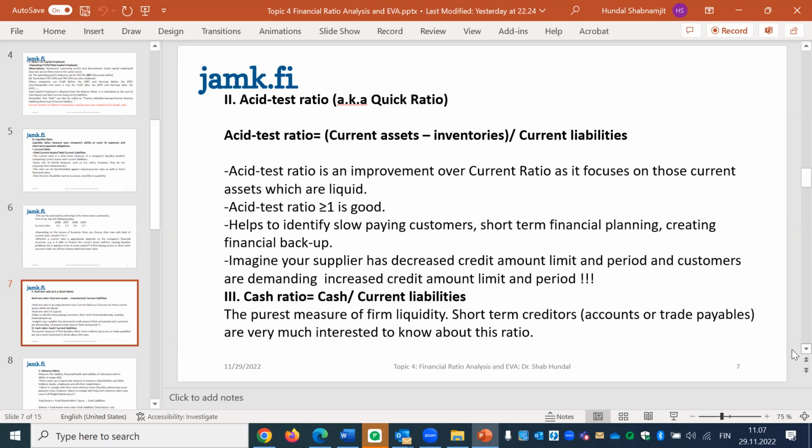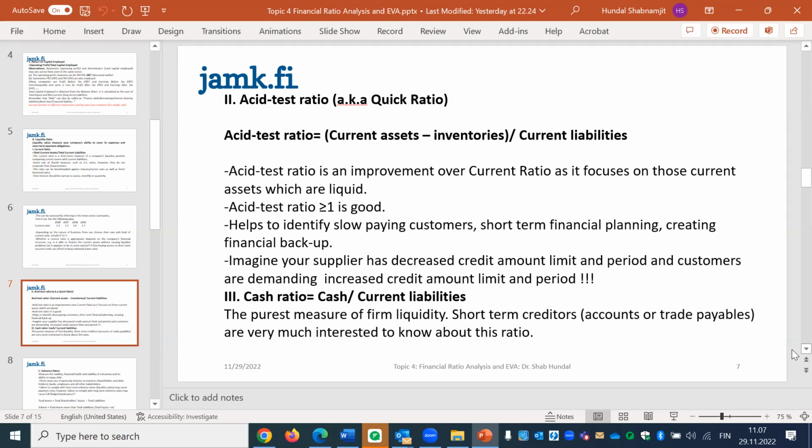Very difficult to sell them. So the acid test ratio is a little more practical, and it says that not all current assets are equally liquid. Therefore, let's take away the less liquid assets from the current assets and call what remains quick assets. So they don't consider all the current assets, but subtract inventories.